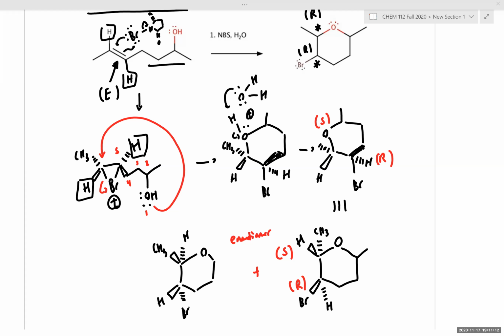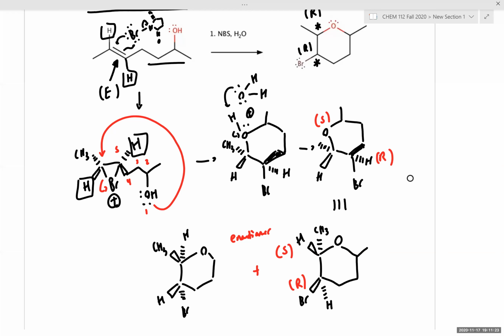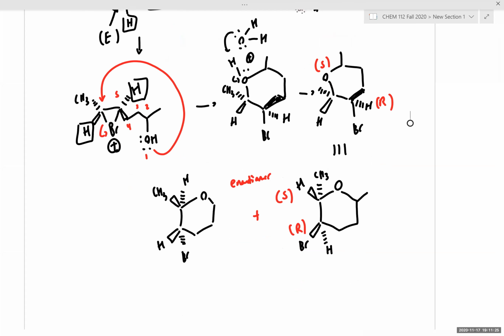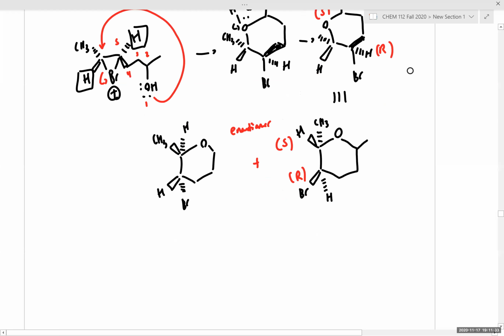So that's the broader goal. Make sure you understand the stereochemical outcomes. That's why I do the walkthroughs with the model kit. And this particular reaction is important to know because it's a super class of mechanism that many of these other reactions are going to follow.